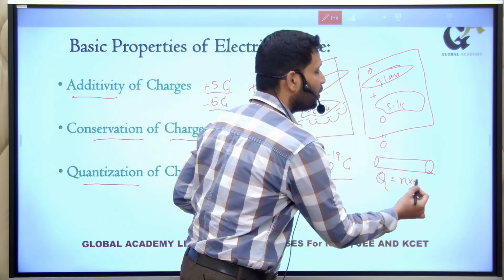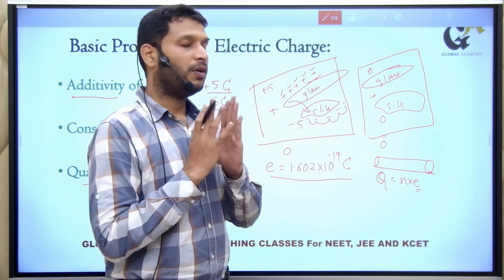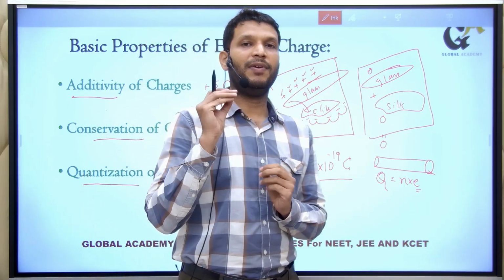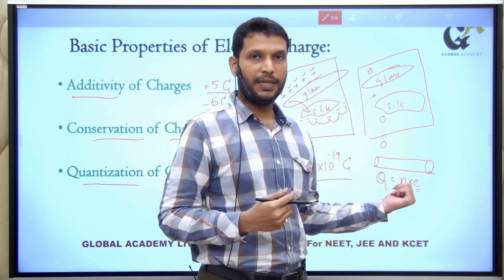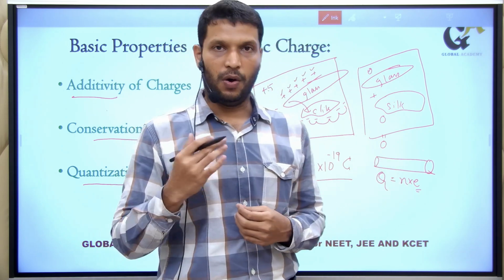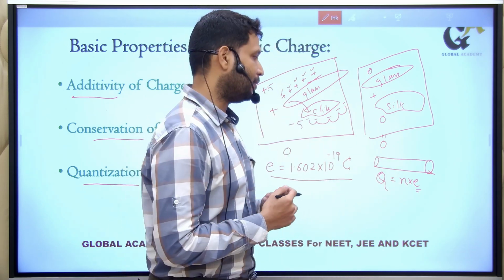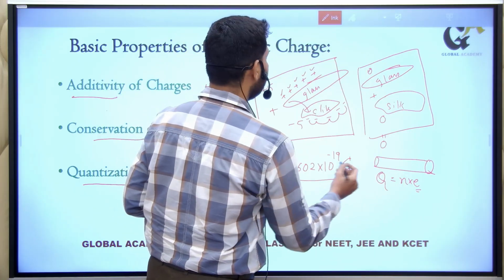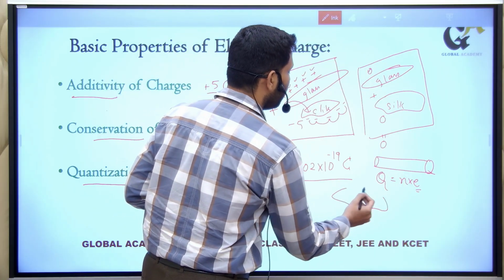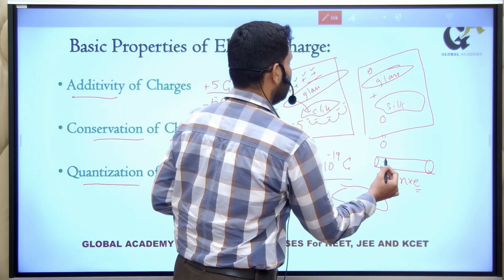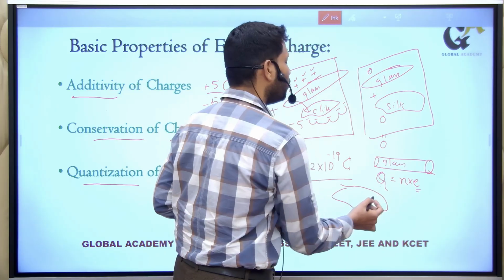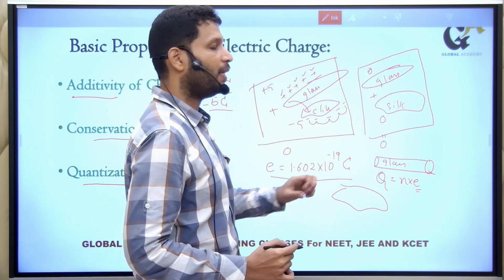Quantization means that the overall charge of the body always comes in multiples of e. It may be 1e, 2e, 3e, like this. Suppose the charge on the glass rod is Q, then that is Ne.